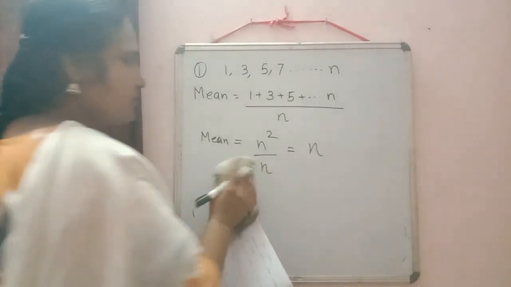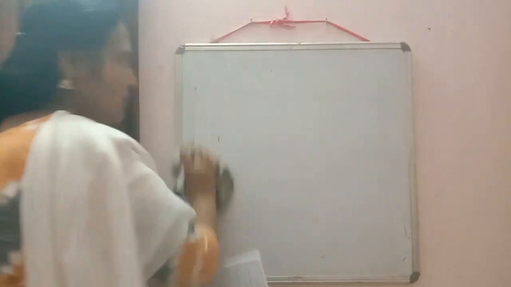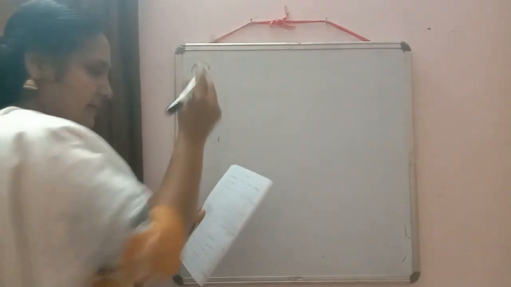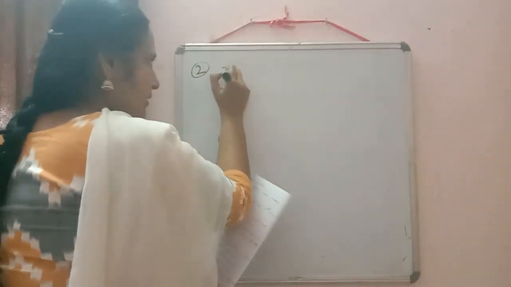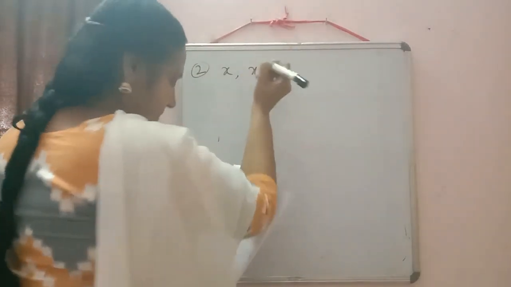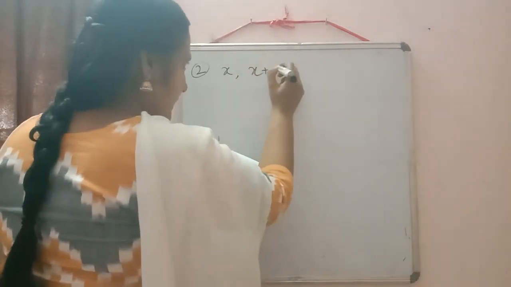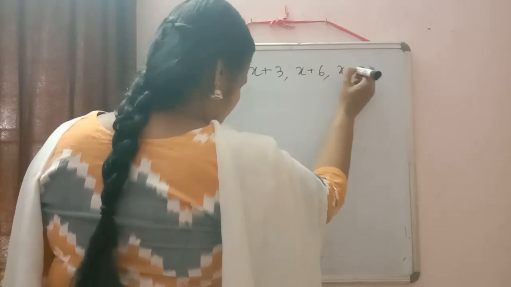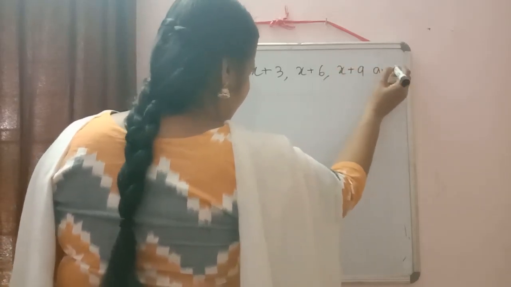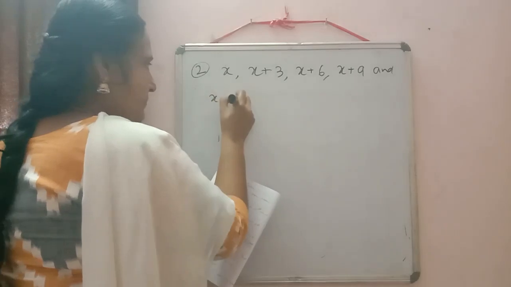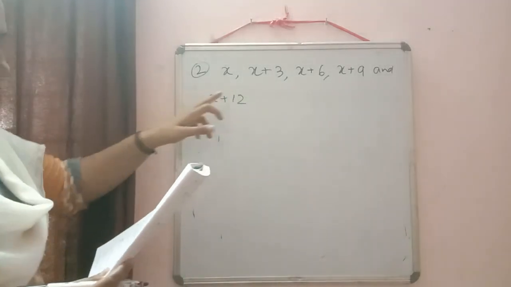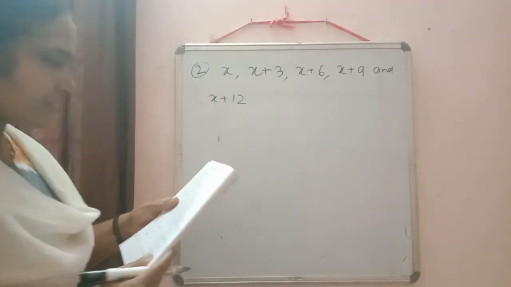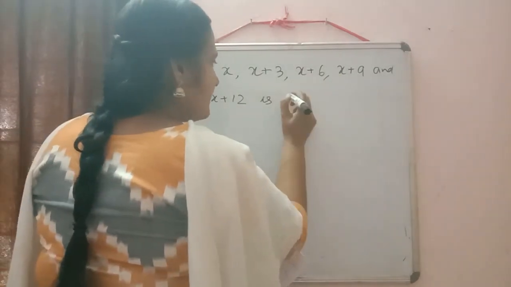The next question is question number 2. The mean of x, x plus 3, x plus 6, x plus 9 and x plus 12 is 10.